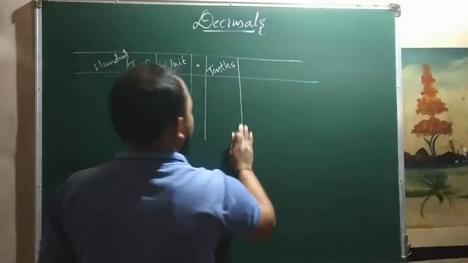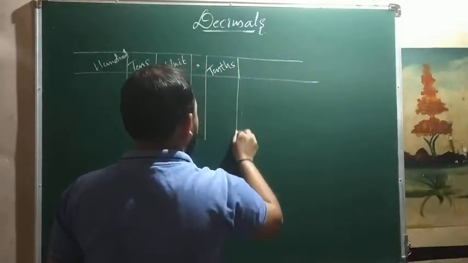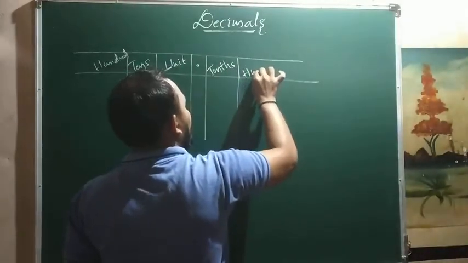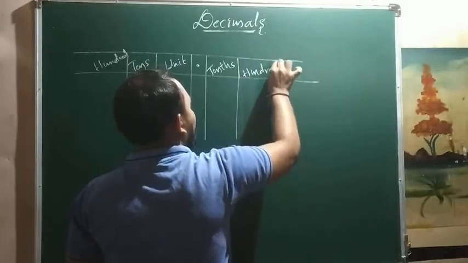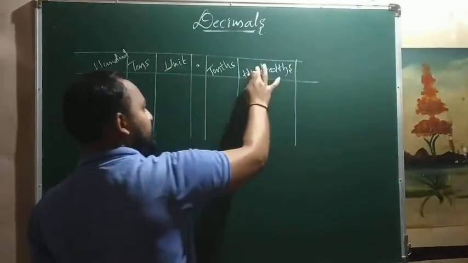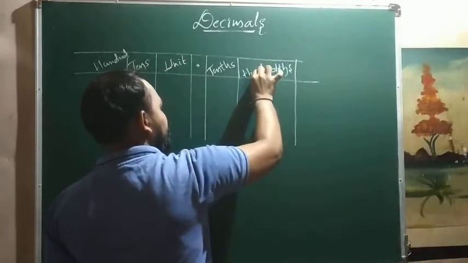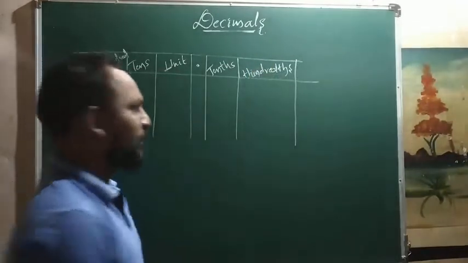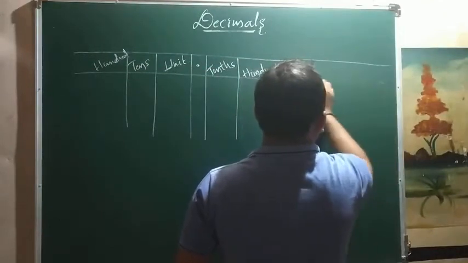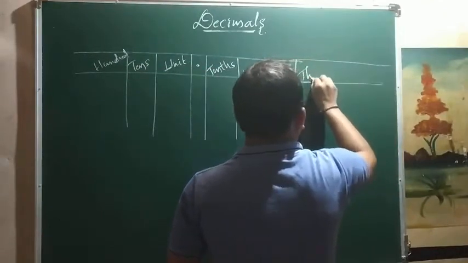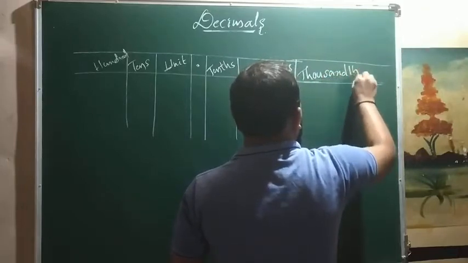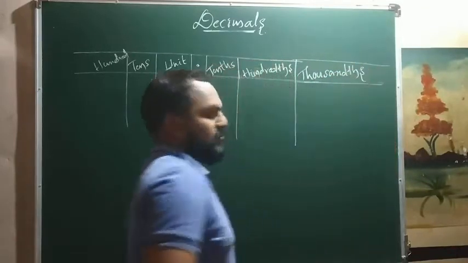Tens, tens, hundreds, hundreds, next thousands.